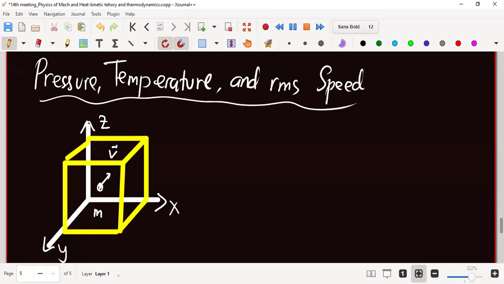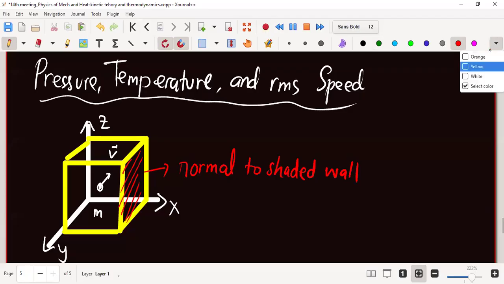And here is the normal wall. For example, the gas will collide with the wall normal to the x-axis. The sides of the cube are L, L, and L, so the volume is L to the power 3.